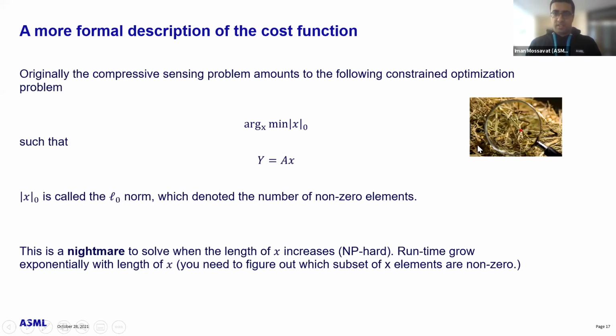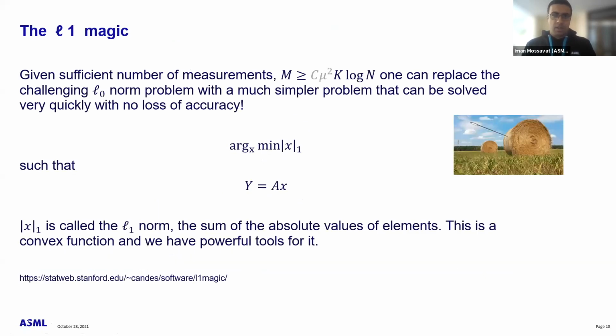And this, most of the time, ends up being an NP-hard problem. So if n, the length of this vector x, goes to infinity, you cannot really solve this using standard computation techniques. It looks like finding a needle in a haystack. So it's possible, but not really feasible. Soon it becomes infeasible, the same argument that is often used in cryptography as well.